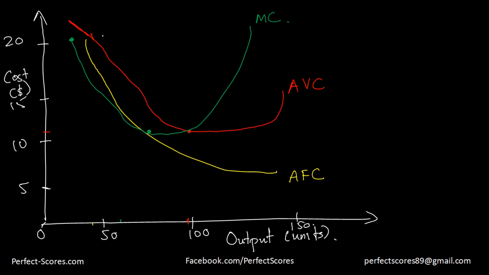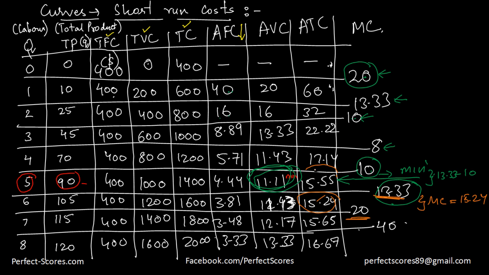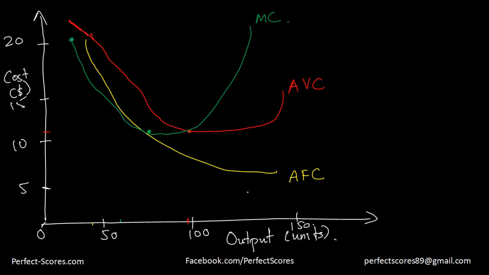So the average total cost will actually be cut by the marginal cost at its lowest point, which is 15.24, which corresponds to 105, which is going to be like this. And if I add this curve with this curve, I'm actually going to get a curve like this. So this is nothing but our average total cost.